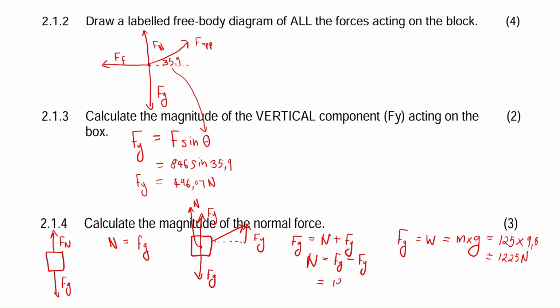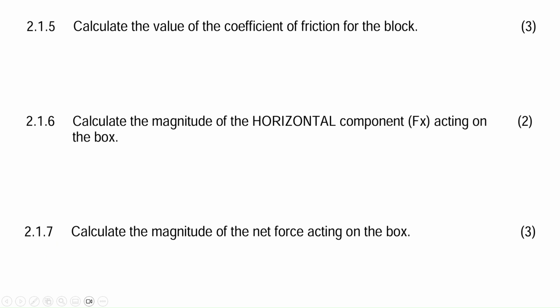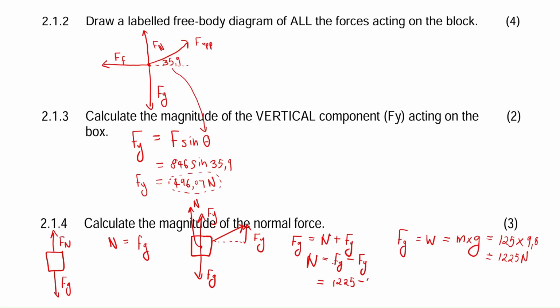So we have 1,225 newtons, but from that we are going to subtract the vertical component, and in this case we know what that vertical component is. It's 496,07 newtons, right? And that's what my normal is going to be.